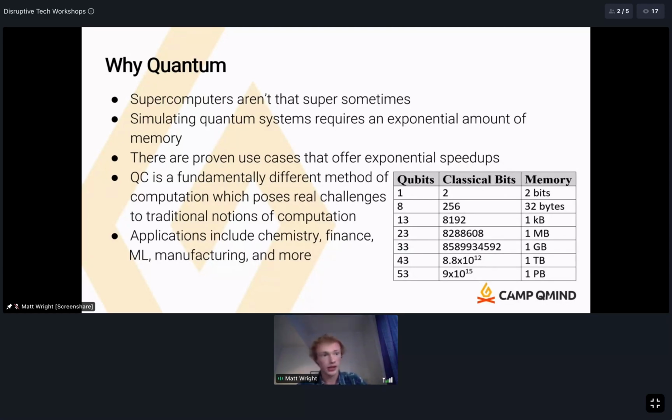There's a couple ways to do it. I don't know if I have time to talk about them, but you can't just measure your quantum state and get the result you want, right? Because we talked about the measurement postulate, where measuring collapses the state and destroys all the information.